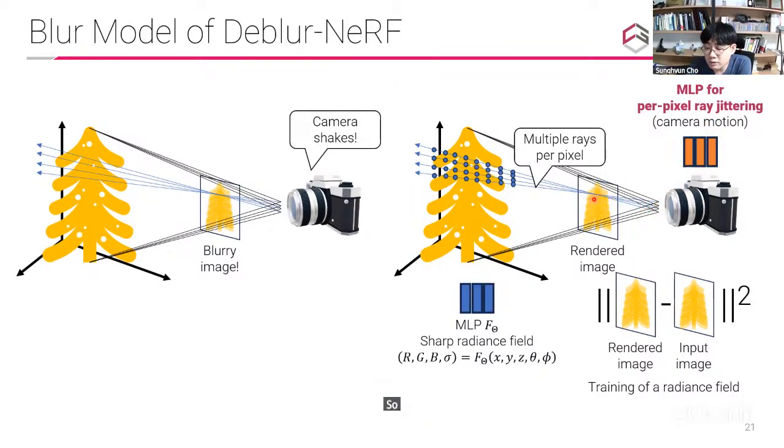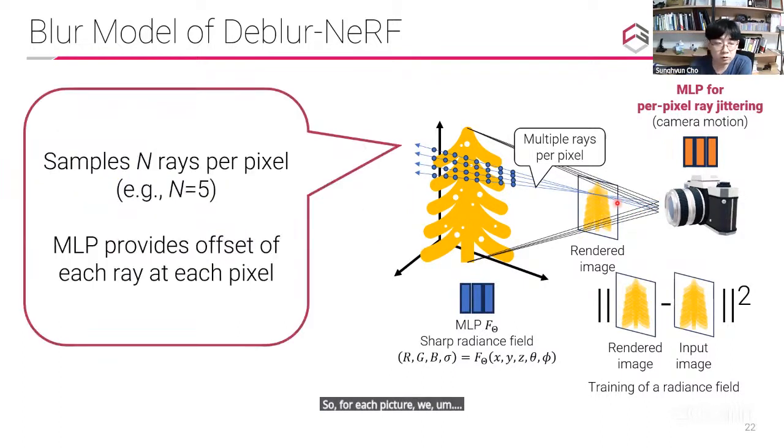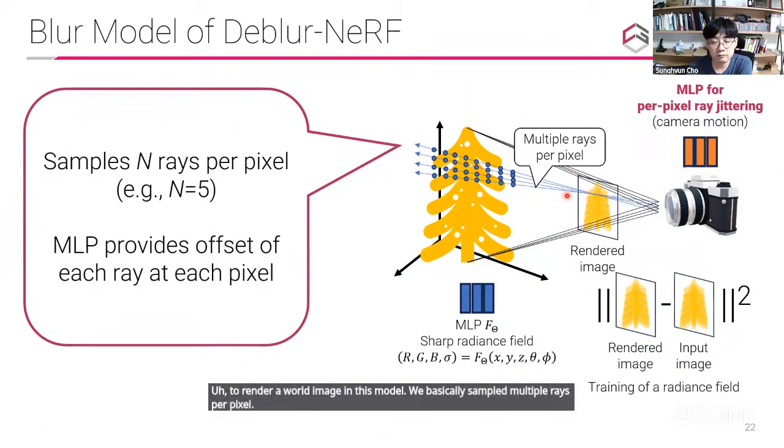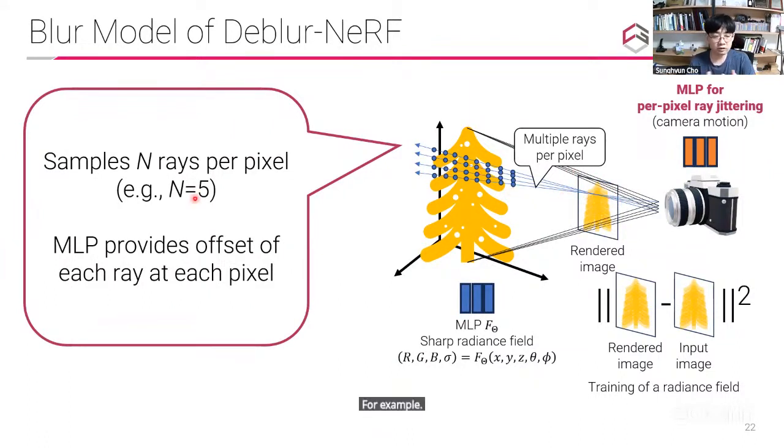To render a blurred image in this model, we sample multiple rays per pixel. For example, we may sample 5 rays per pixel, and this MLP provides different offsets, the offset of each ray at each pixel.